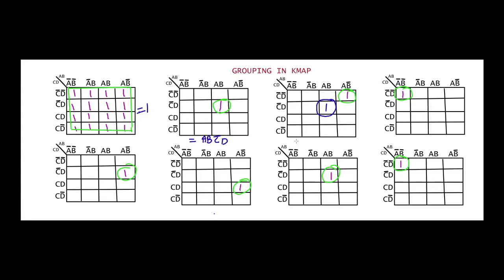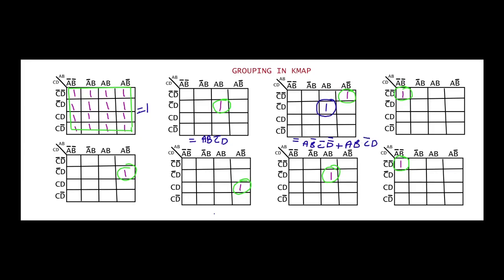That will be equal to A, B bar, C bar, D bar, plus, this is another group now. So for another group, I have A, B and C bar D as common. That is A, B, C bar and D.